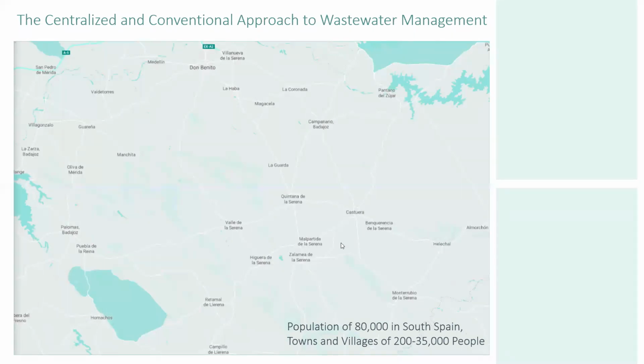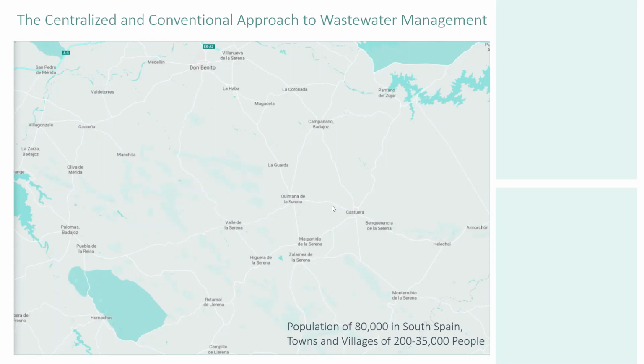So along the description of two scenarios I want to show on this map, I will relate each component of the system, of the plant, to its capital cost and its operating cost, CapEx and OpEx.